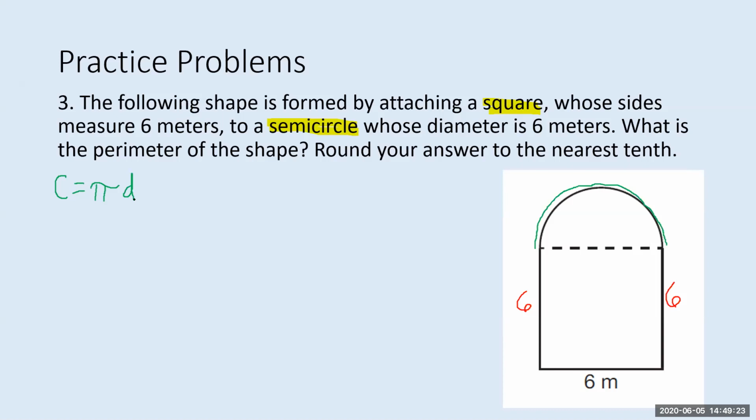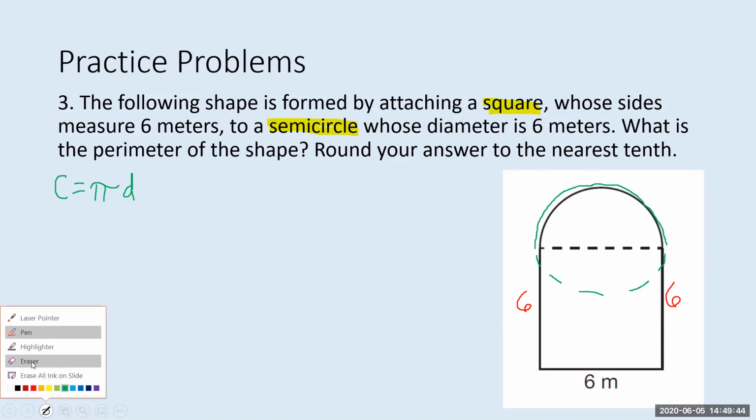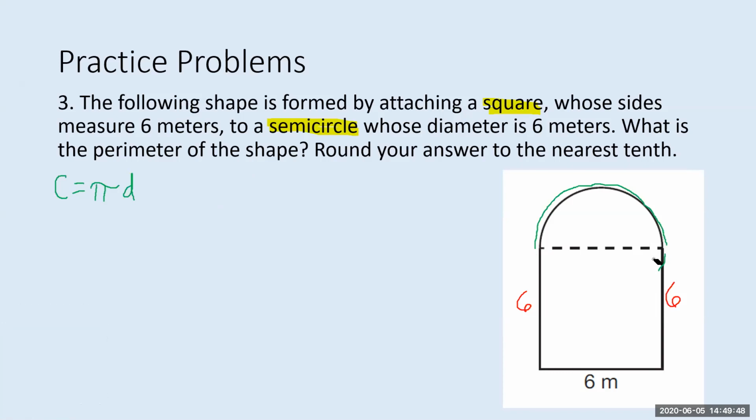So this isn't a circle, it's a semicircle. That just means half a circle. So what I'm going to do is start by pretending this is just a whole circle. So pretending I was calculating the distance around just a regular old circle, kind of imagining this is a circle. And then when I've done that, I'll just cut the measurement in half to get the distance around half of the circle.